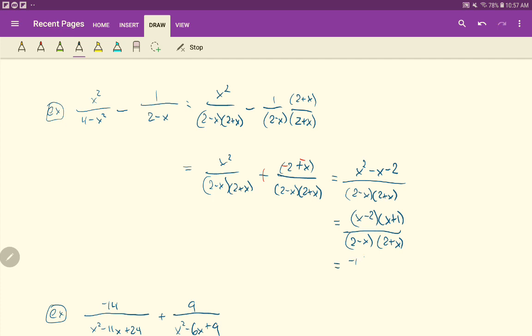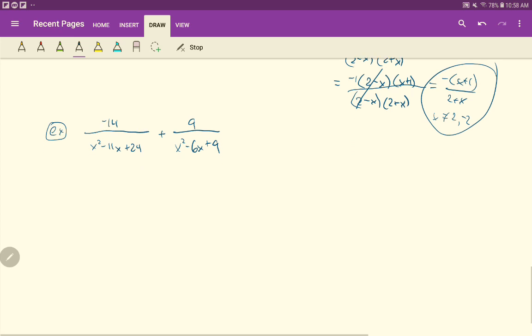If I take a negative 1 out from this, then it becomes 2 minus x. And then those 2 minus x's cancel, and so we're left with negative x plus 1 over 2 plus x. You can just write that with negative 1 if you want to, or just leave it that way. But x cannot be 2 or negative 2, those are the excluded values.